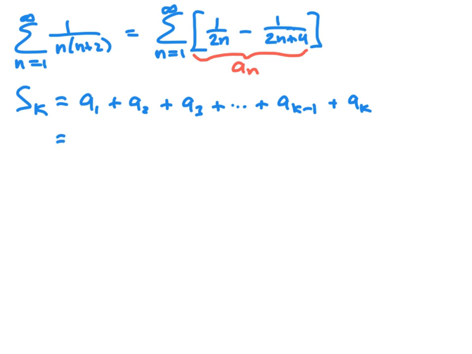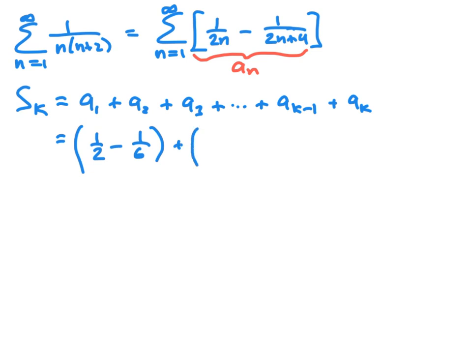We can compute each of these terms by substituting the subscript in for n into our formula for a sub n. So for a sub 1, we're going to let n equal 1, and we're going to get 1/2 minus 1/6. So 1 over 2 times 1, which is 1/2, minus 1 over 2 times 1 plus 4, which is 1/6. So our first term, a sub 1, is 1/2 minus 1/6.